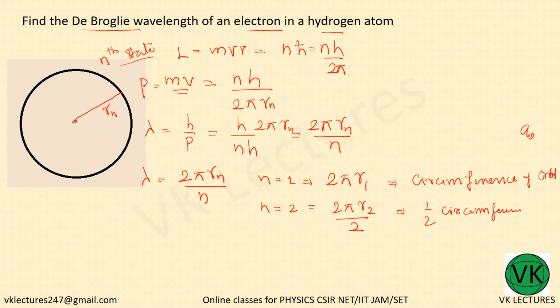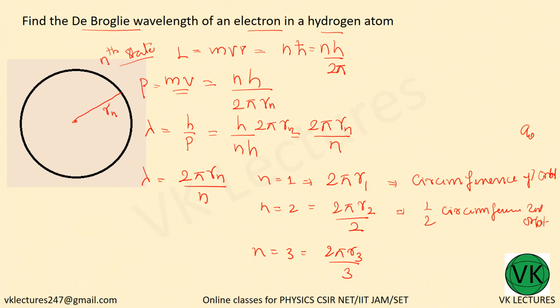It is half the circumference of the second orbit, not the first orbit. It changes. It doesn't mean the wavelength is half of the first orbit's circumference. No, it means for the second orbit, its wavelength will be half of the circumference of the second orbit. So when n equal to 3, 2 pi r3 divided by 3.